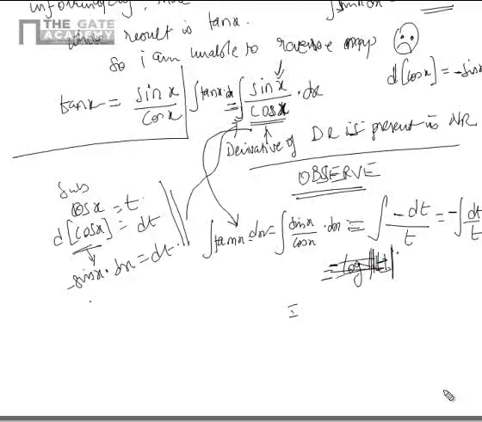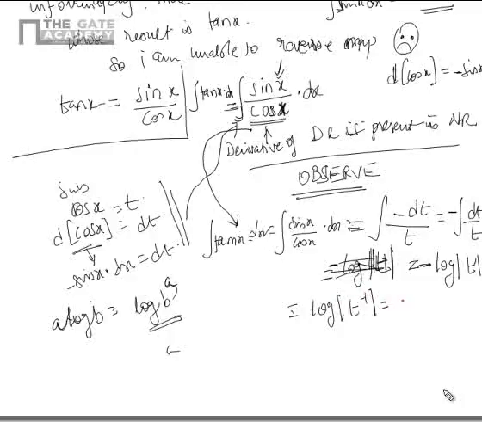It is minus log of mod of t. Okay, so this is nothing but minus log. What is a log b? A log b is nothing but log of b power a. So similarly minus 1 log t will be log of t power minus 1. This is nothing but log of 1 by t.